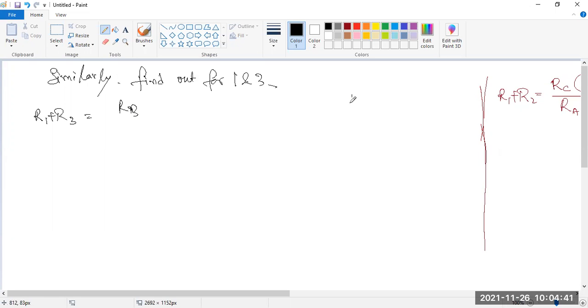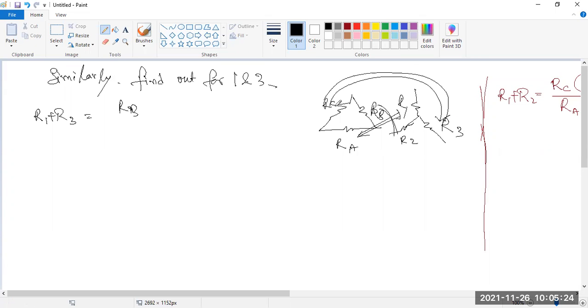Look, if this is 1, 2, 3 and this is A, B, C, then R1 resembles RA, RB resembles R2, and R3 resembles RC.